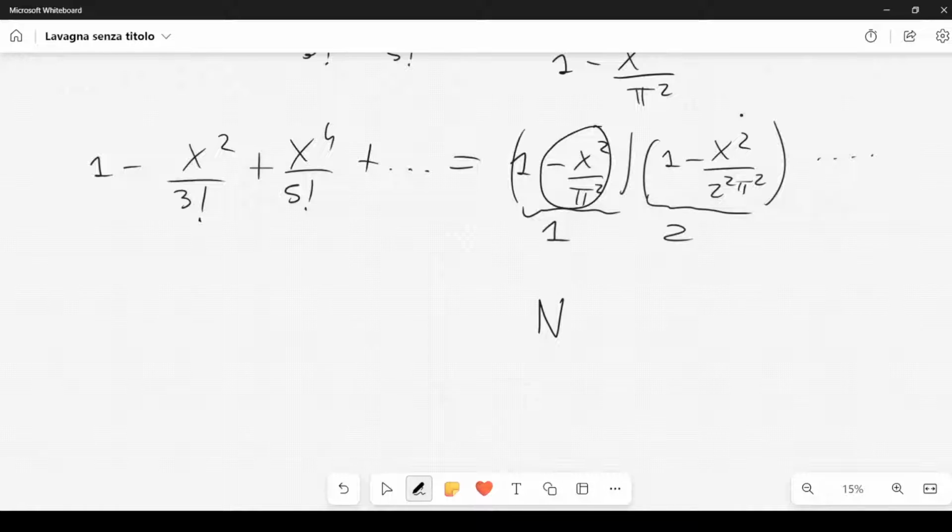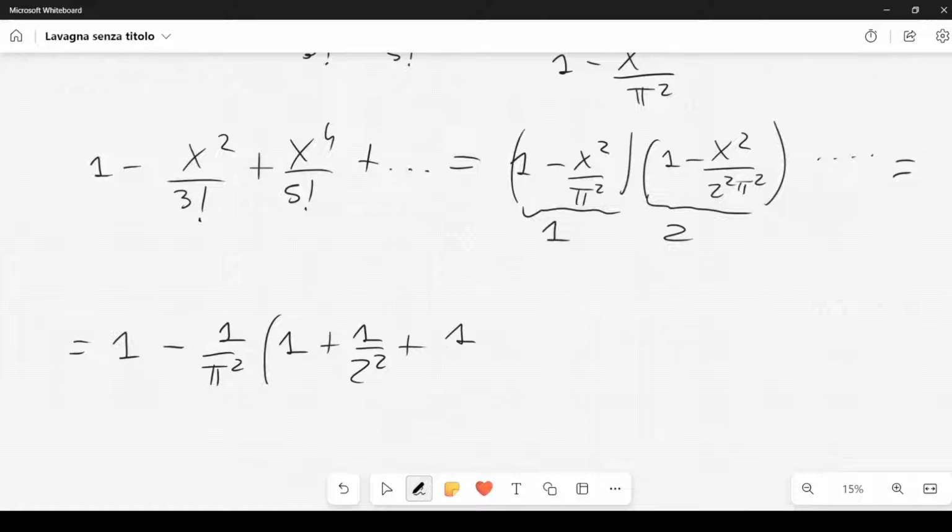You choose one of these terms, and let's assume that you multiply this term with all the ones, and how many do we have? We have N minus 1 of those, right? And you can do so for each of these terms. So the term that's going to multiply x squared is the following. We get minus 1 over pi squared, and then you get 1 plus 1 over 2 squared, plus 1 over 3 squared, plus 1 over 4 squared, plus dot dot dot, and you have an infinite number of them.